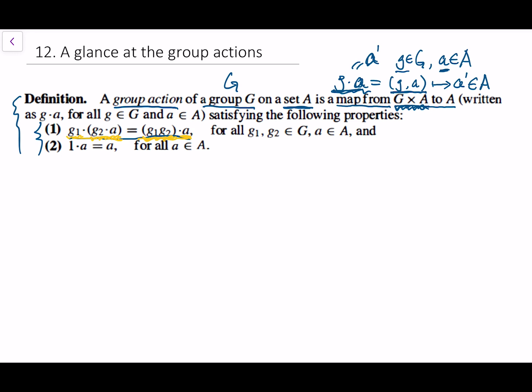Another way to say that is that the left hand side means that for the action g2 dot a, the action of g2 from the group acting on the element a, we should get something, maybe a prime, in the set A. This is equivalent to saying that g2 is a map that maps the element a to another element in the set capital A, which is a prime.